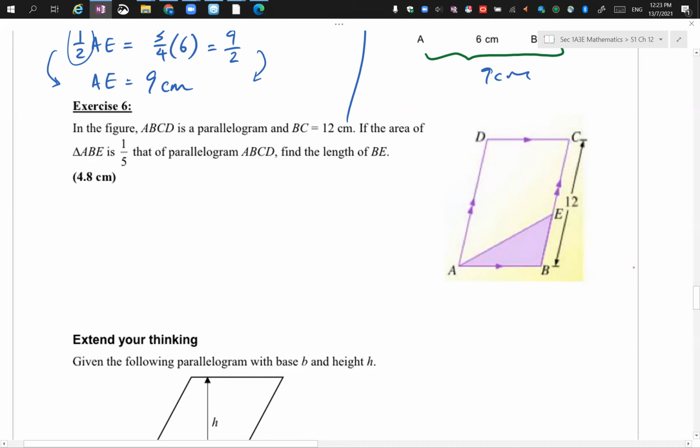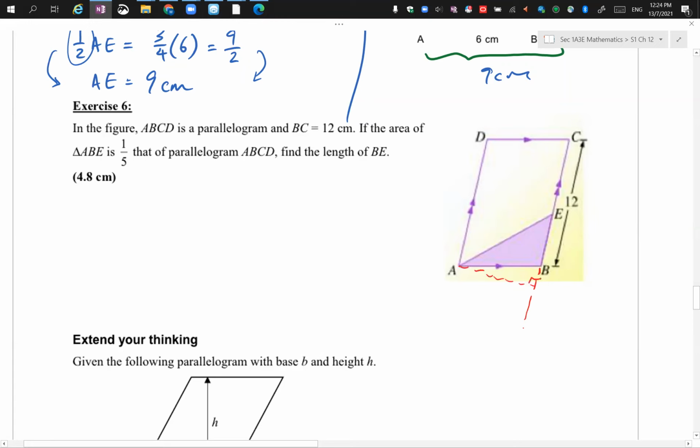Okay. Now, if that is not the perpendicular height that we are looking for, then where else do we have a perpendicular height for the parallelogram? So again, rotate your iPad, rotate your notes, extend one side, and say that, yeah, I can drop a perpendicular line down. Okay, now I've got a perpendicular height.